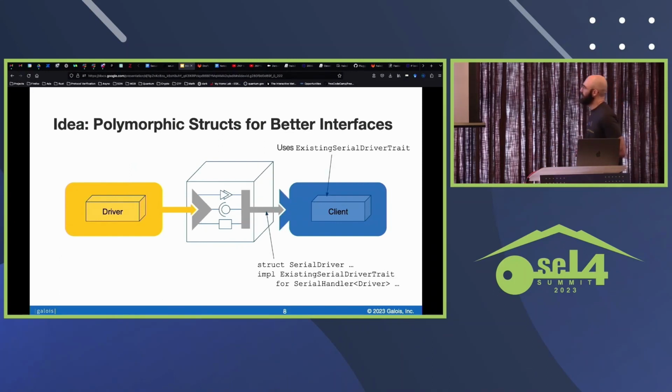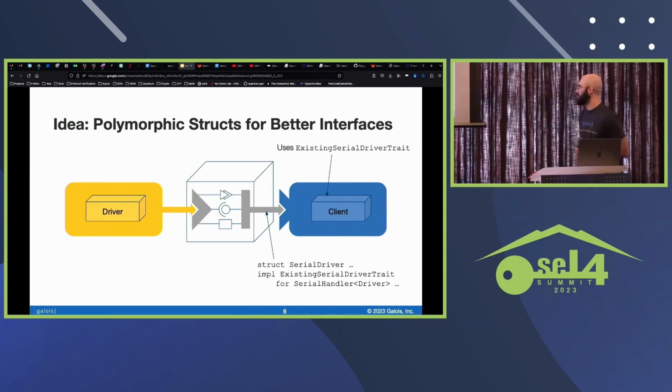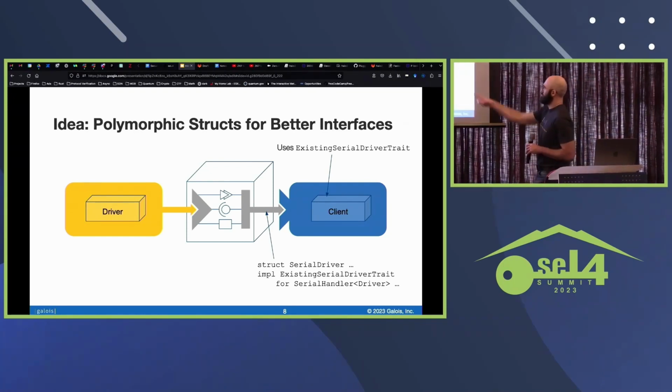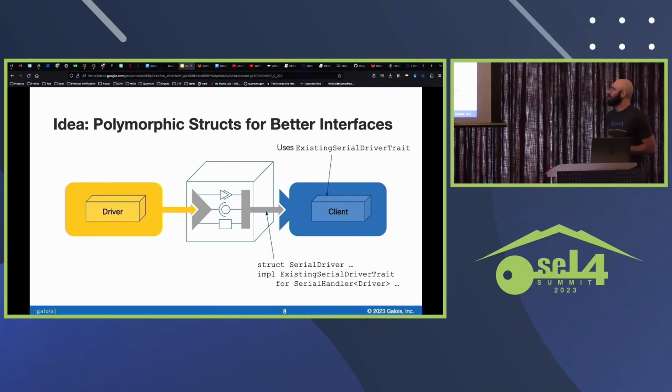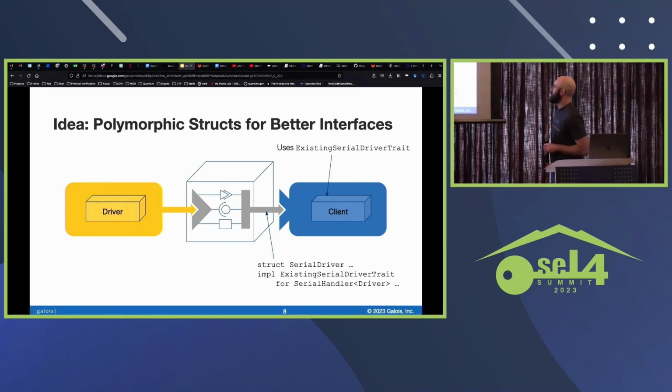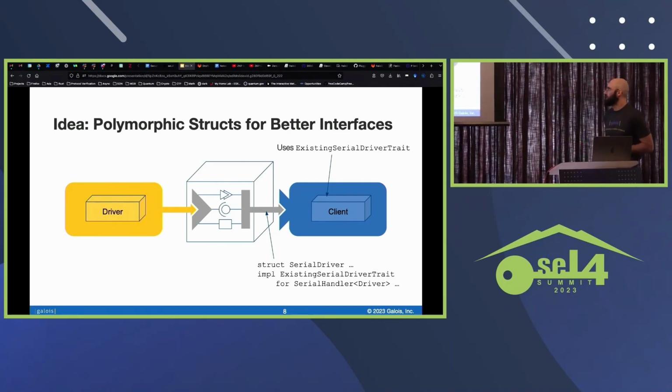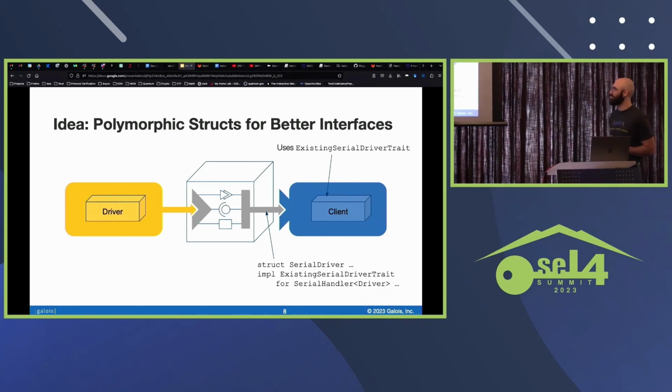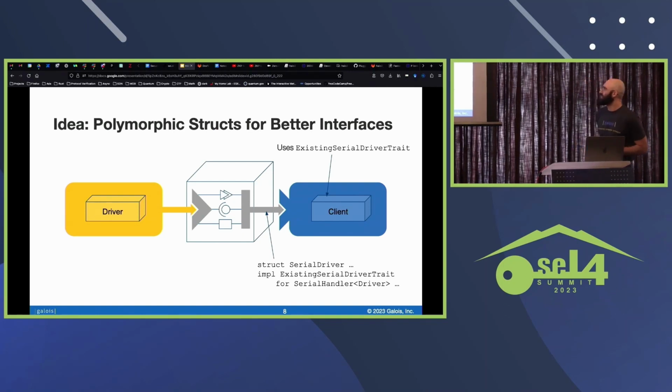And similarly, since our client already knows how to use something that implements the existing serial driver trait, we can just provide a struct that implements the serial driver trait, make it speak this protocol as well, and then just plug it into the client as is. So this is basically it. Again, hopefully it's very unsurprising.